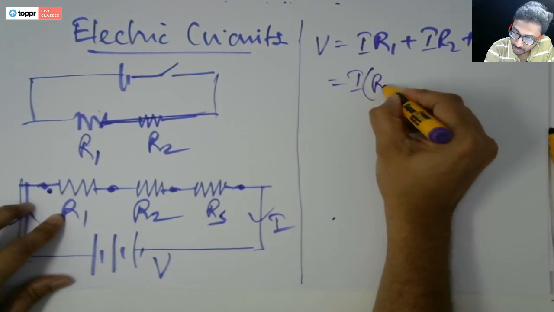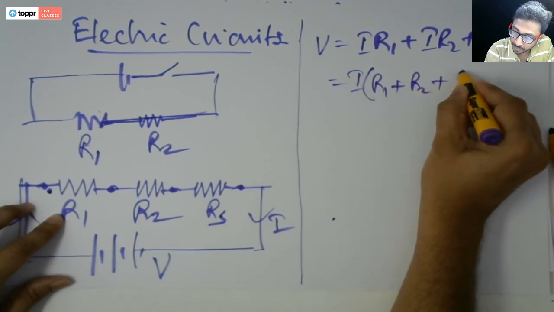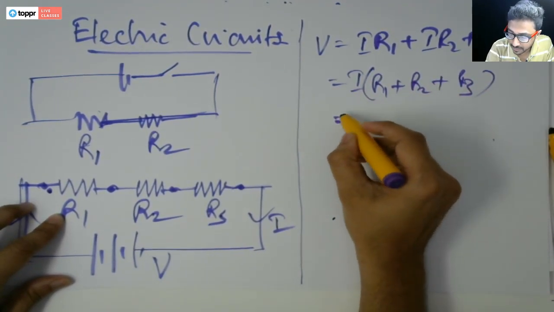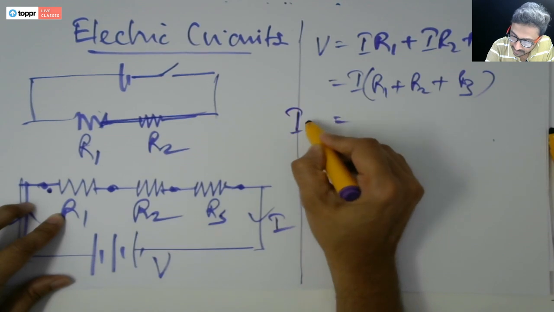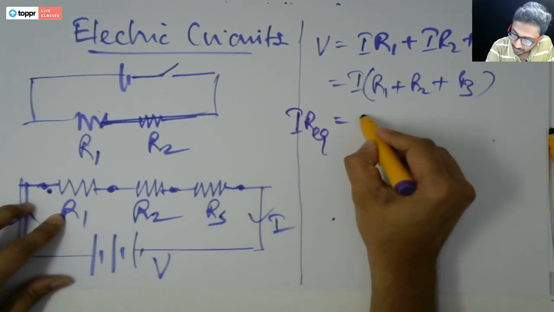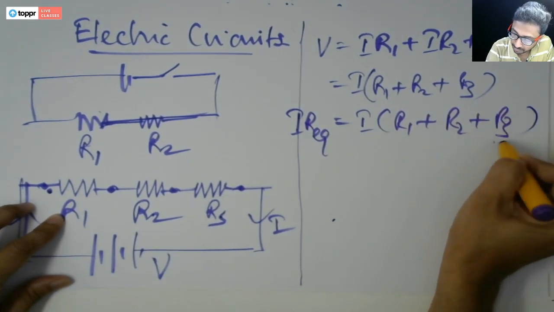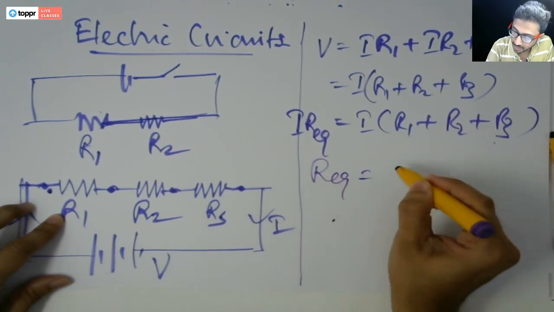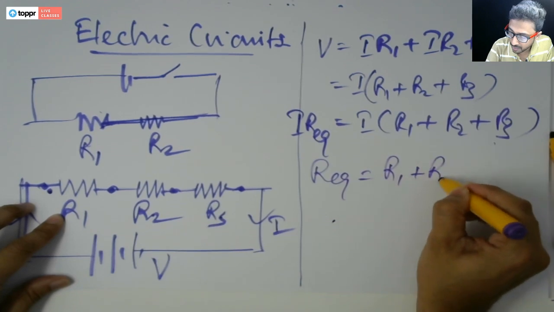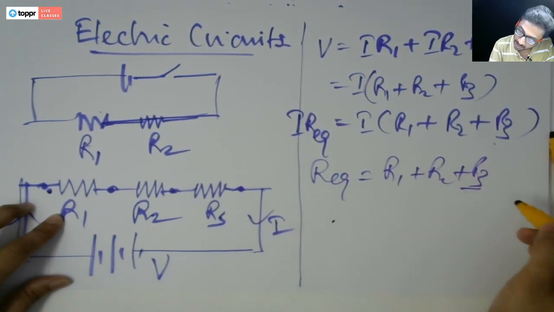Taking I common, if we write it as R equivalent, R equivalent will be R1 plus R2 plus R3.